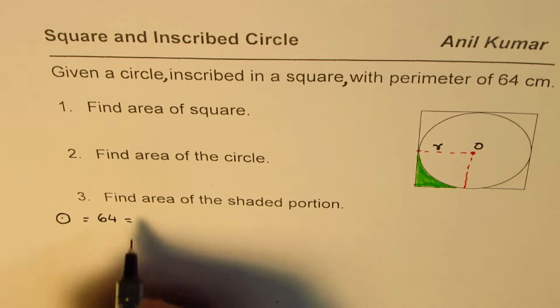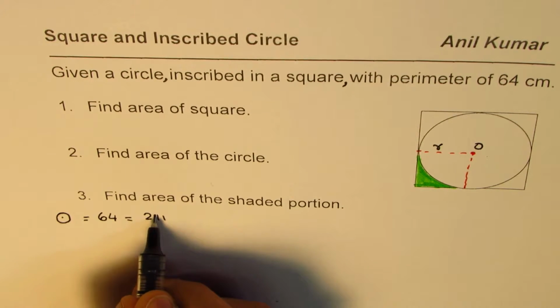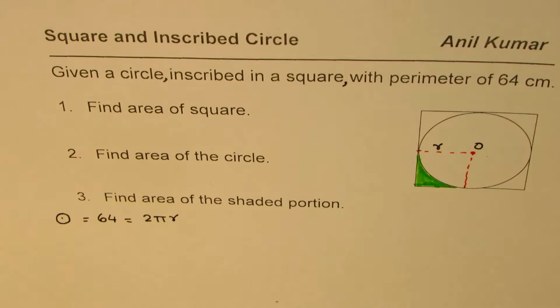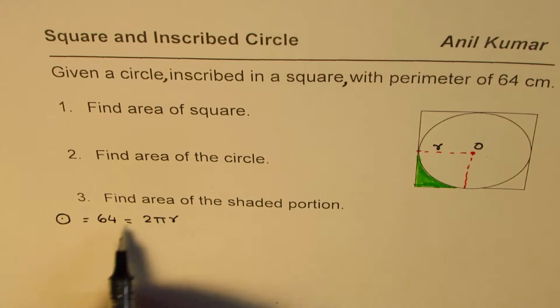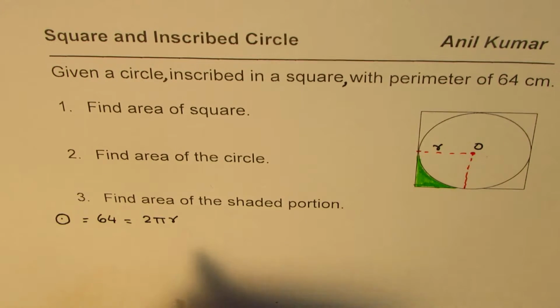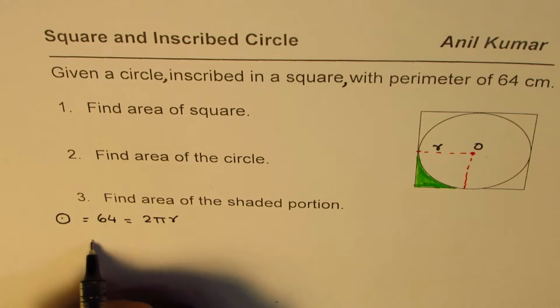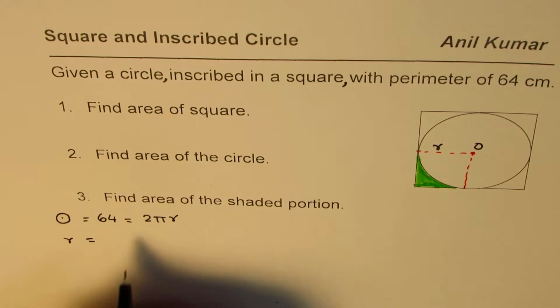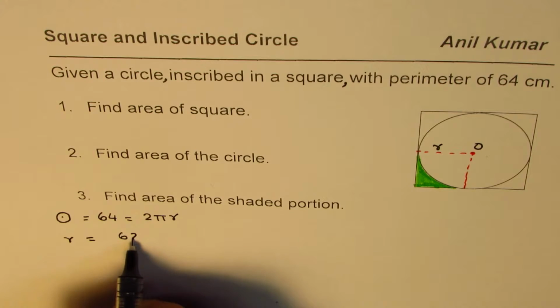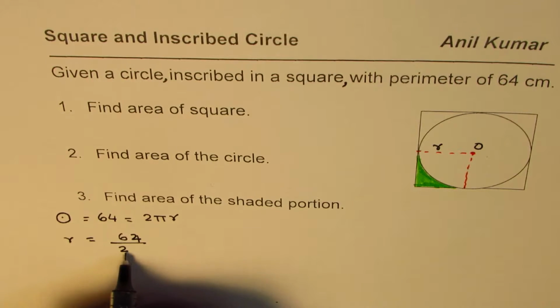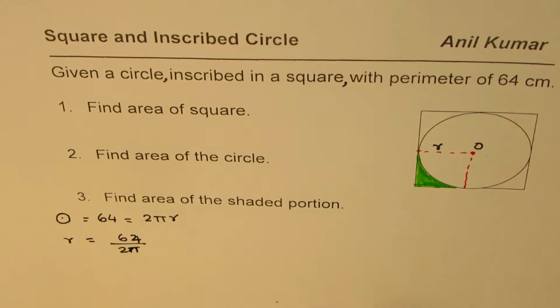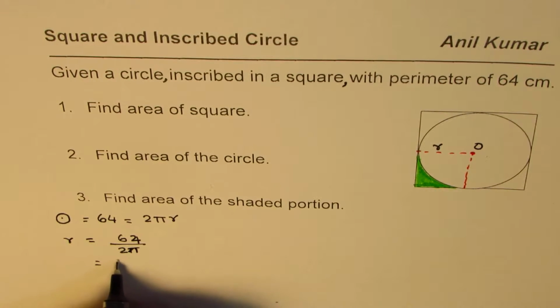The formula for circumference is 2 pi r, where r is the radius. So from here we can find r. r is equal to 64 divided by 2 pi, or you can write this as 32 divided by pi, correct? So that is the radius for you.